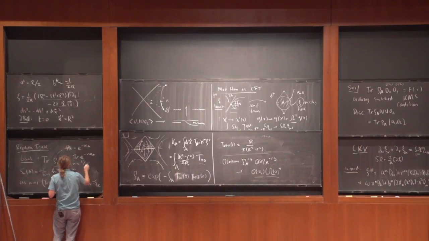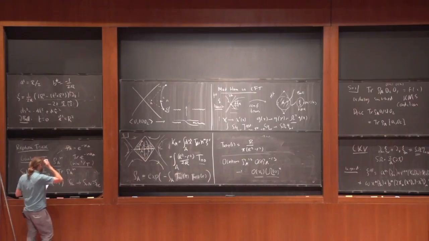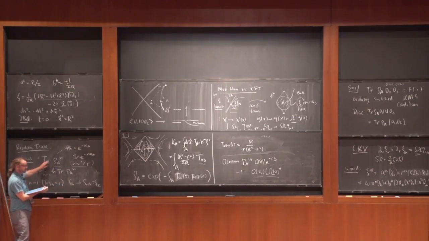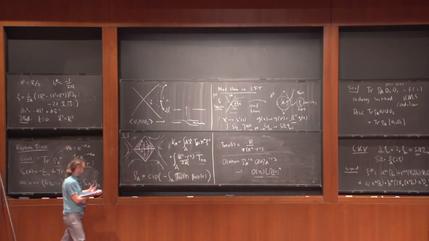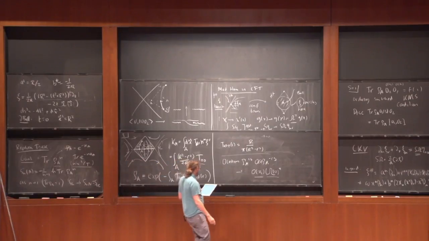So it's 1 over some effective temperature. And so these are kind of like partition functions. And so now if I knew all of these, in principle, I could do some kind of inverse Laplace transform to extract the spectrum of the density matrix. Right? So they contain a lot of information.